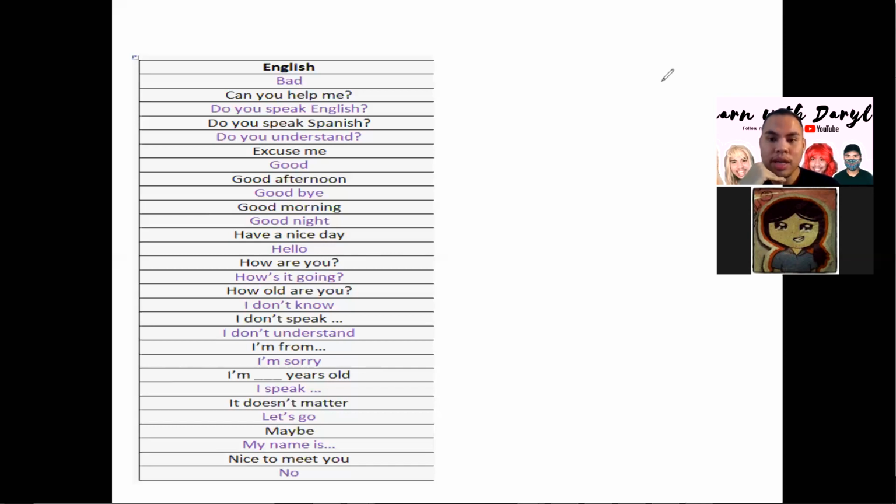Perdona. Okay, perdona is another variation. Perdona o disculpe. Okay, disculpe. Disculpe is the usted version. So if you want to use disculpa, it's okay as well.